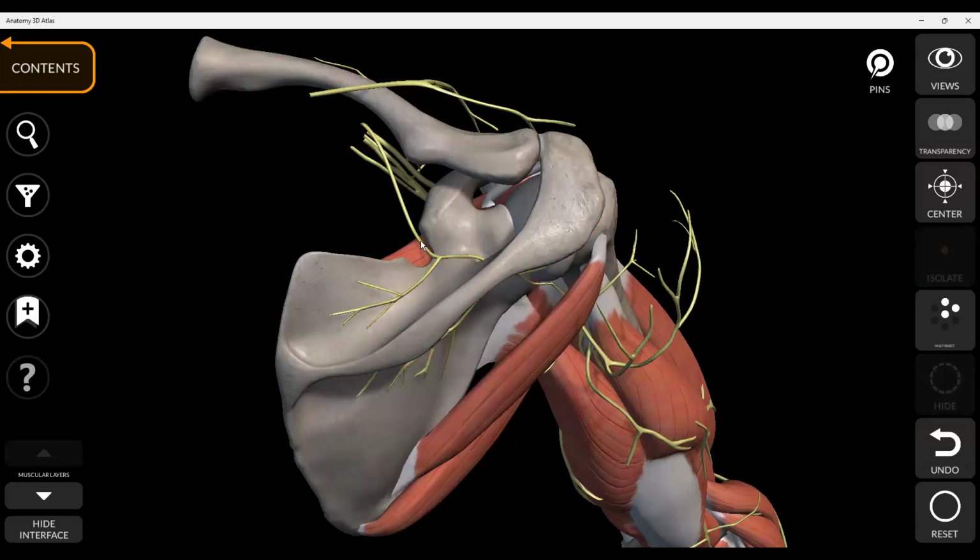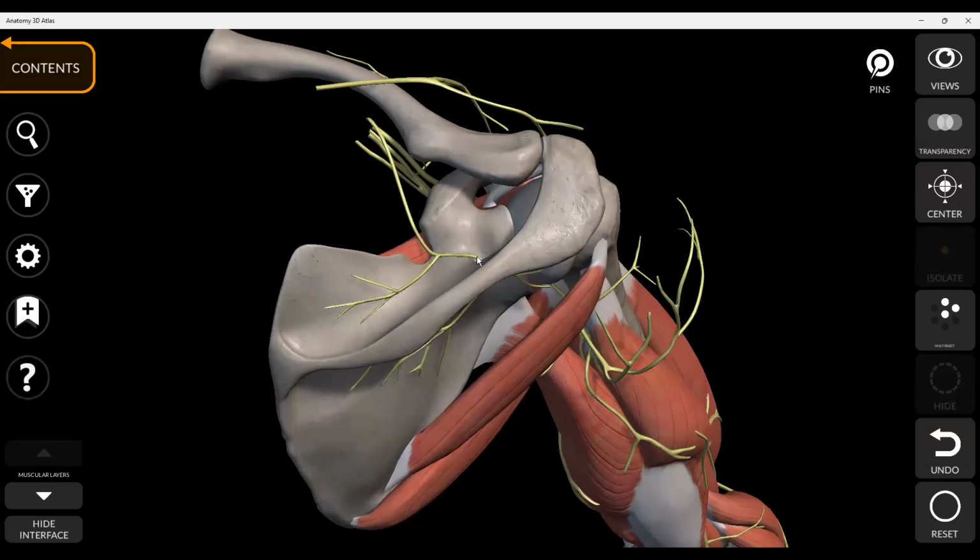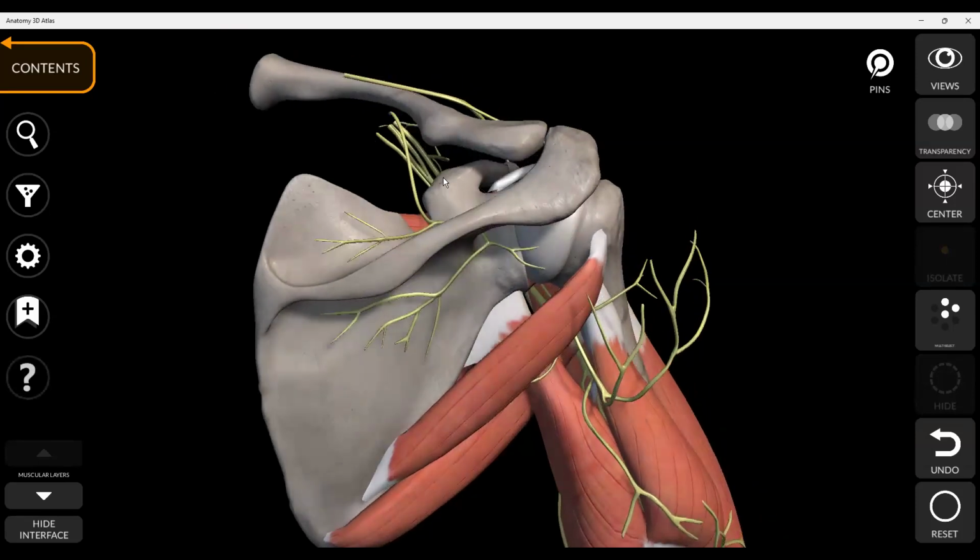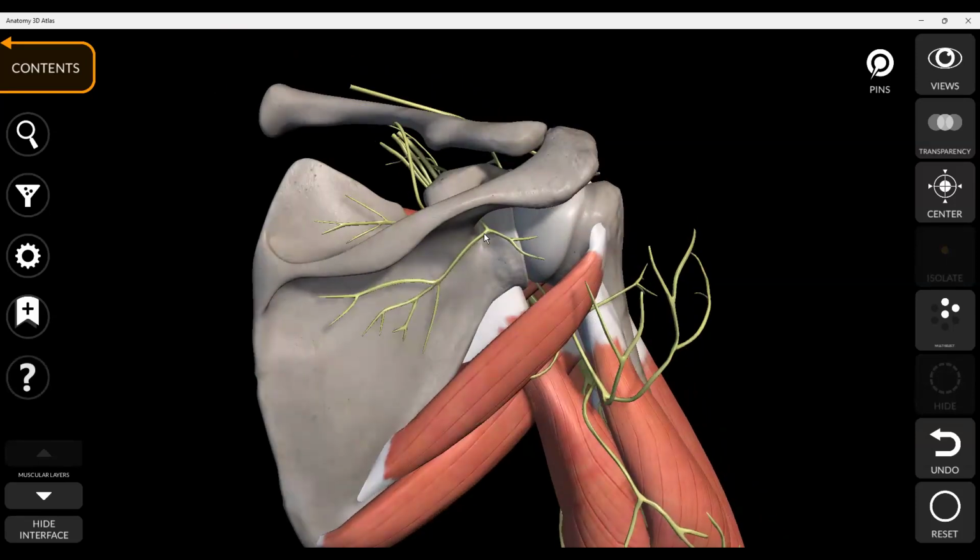After coming out under the transverse scapular ligament, it supplies the supraspinatus muscle. Then it goes to the spinoglenoid notch. Then it gives a branch to which muscle is this? Infraspinatus. And then it gives a purely sensory branch.